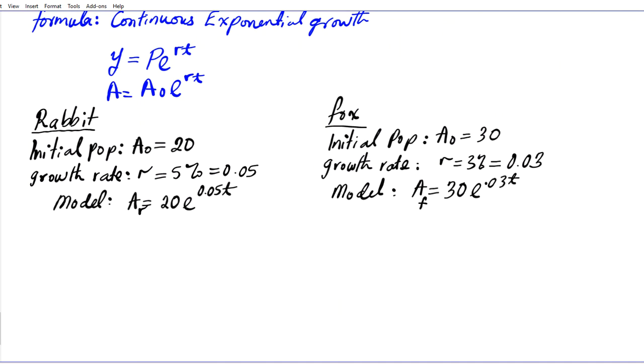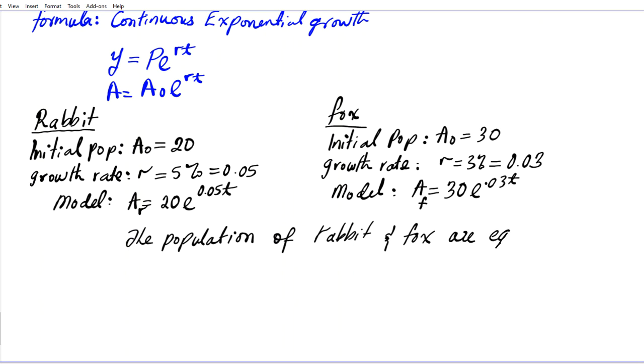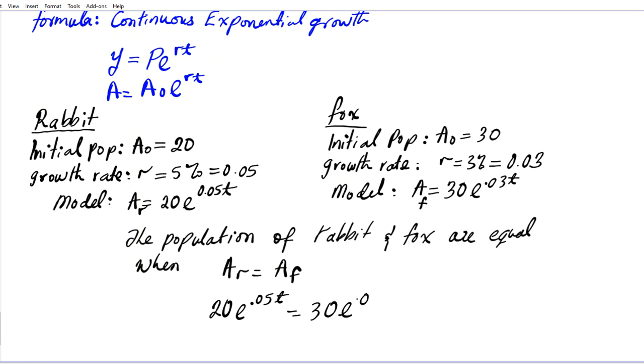The populations of rabbit and fox are equal when the amount of rabbit is equal to the amount of fox. Basically when 20 e to the 0.05t is equal to 30 e to the 0.03t.